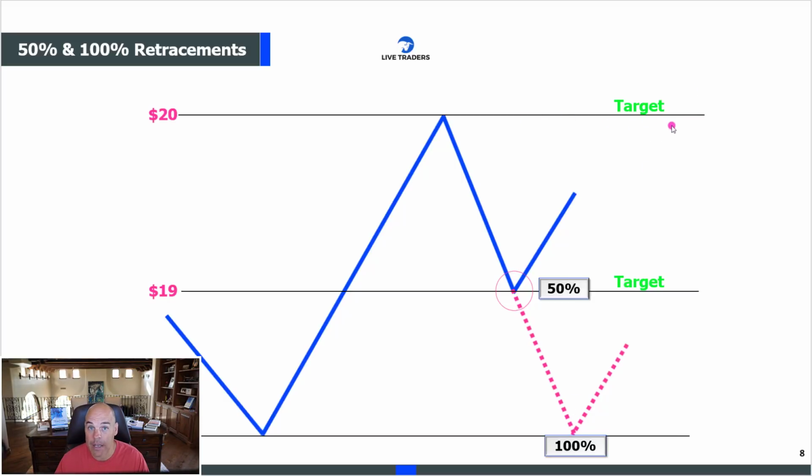It happens sometimes, but that's not the expectation. So not only is it a 100% retracement, the expectation for your return on investment is lower because we don't expect it to break the prior pivot high. So when you look at retracements, 25 is a little too shallow, hasn't rested long enough. 50 is just right, in the middle, and 100% makes you question the strength of the stock.